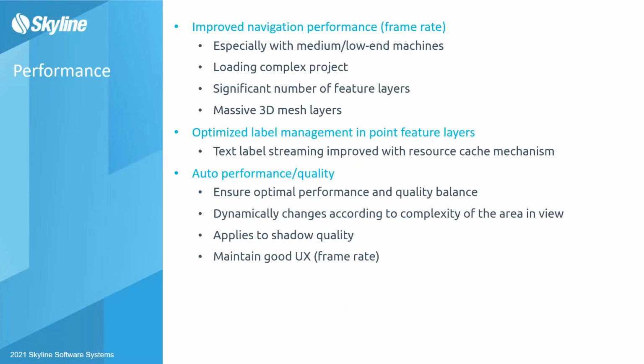There's been a major work done on improving navigation performance and frame rate, especially for medium to low-end machines. We'll talk about the auto mechanism in a second. It allows you to load really complex projects with many features within a layer, with massive 3D mesh layers of very big sizes.